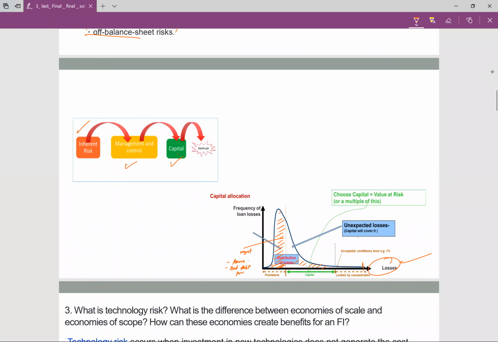This is the probability distribution. Those of you in econometrics and statistics understand what I'm talking about. If you don't understand it, that's fine, my friends. This is just the distribution of all losses. Part of it is expected, part of it is not expected. Capital is there to manage the unexpected.